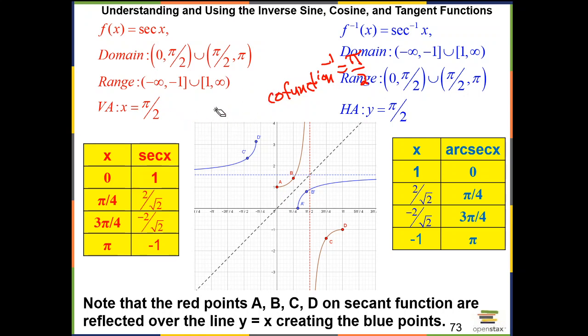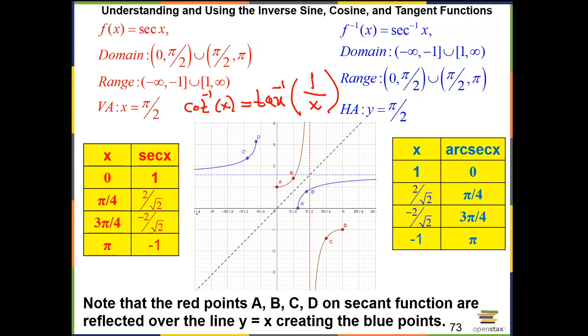Okay, so now we also know that the reciprocal relationship between cotangent inverse and tangent inverse is true for positive values because the restricted domains are different, right?